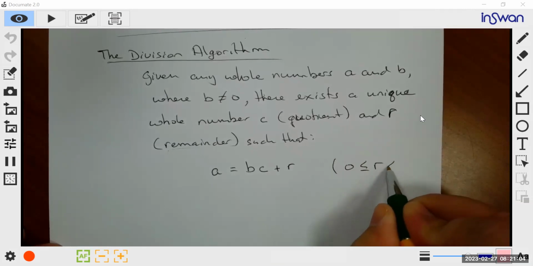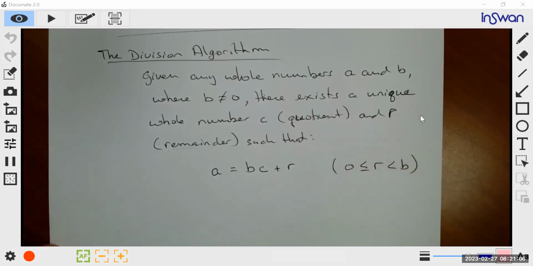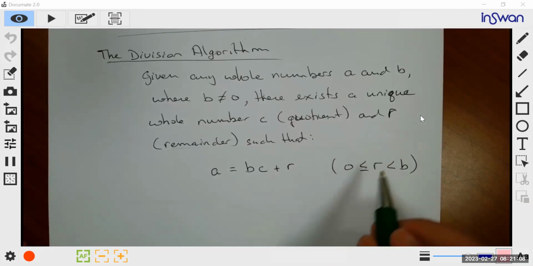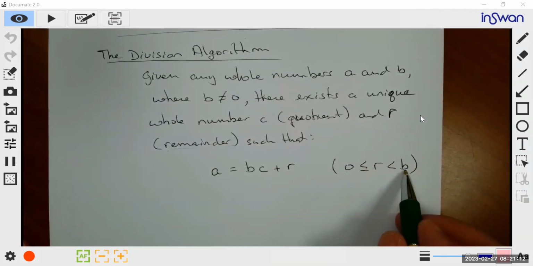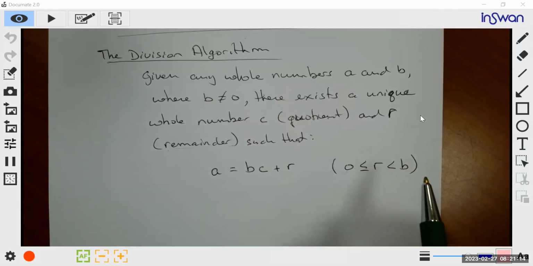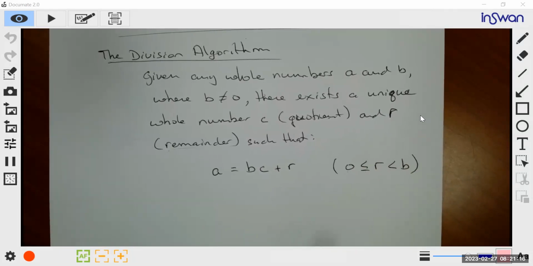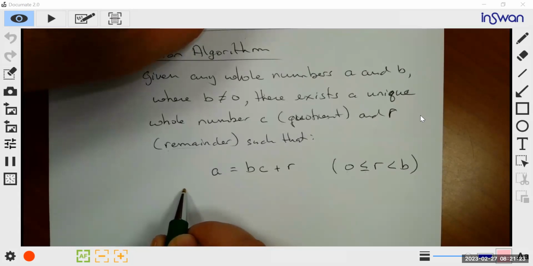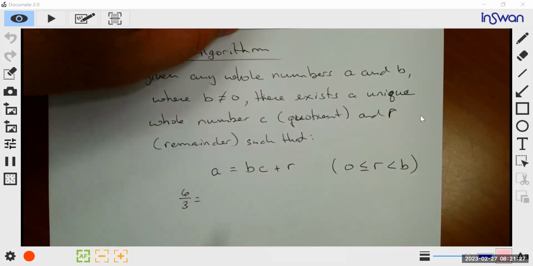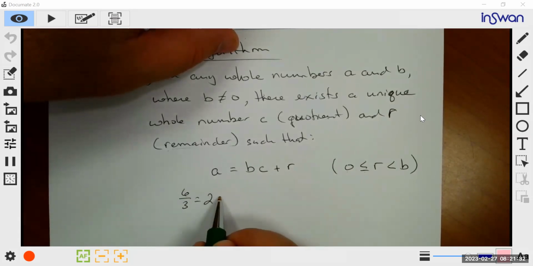The remainder has to be greater than or equal to 0 and less than B. So for example, let's say we had 6 divided by 3. 6 divided by 3 is 2, with a 0 remainder.